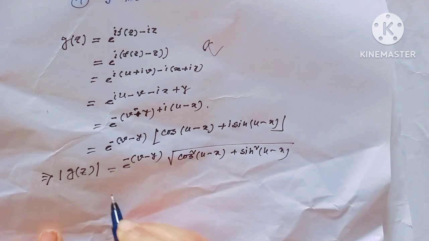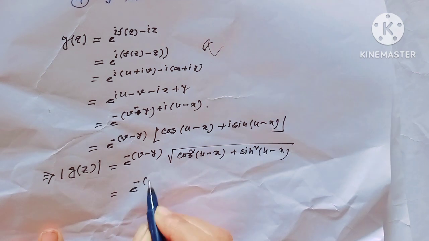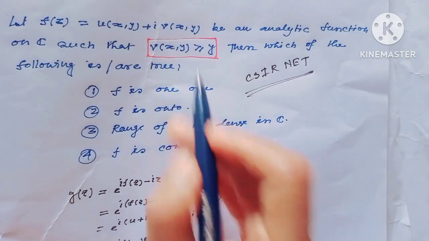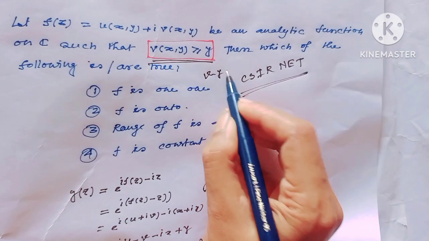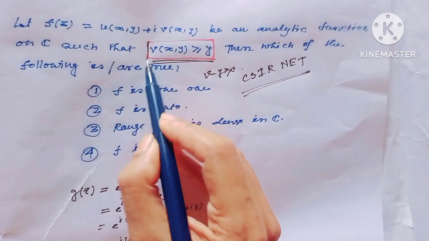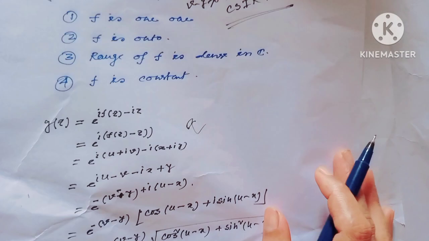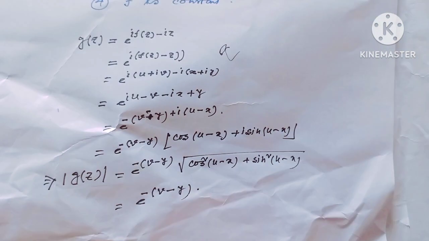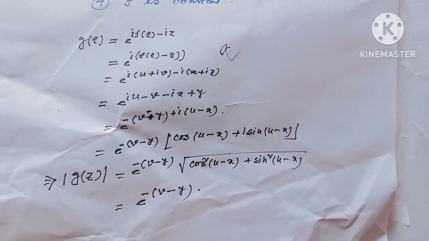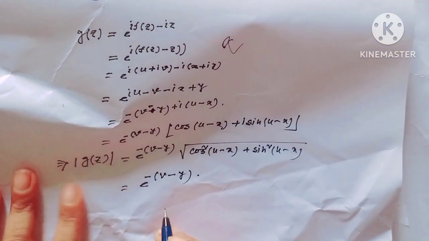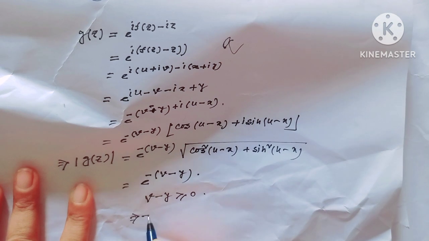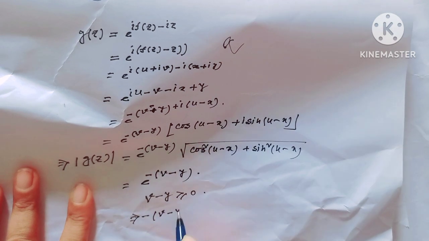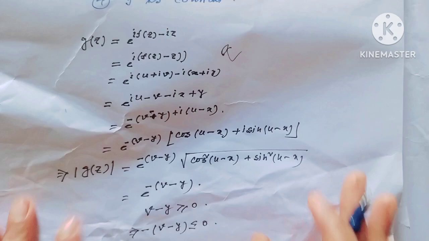That means this value would be e to the power minus (v minus y). And since here v(x,y) is given greater than or equal to y, that means v minus y is greater than or equal to 0. And for this condition, I have considered g(z) equal to e to the power i f(z) minus iz. I hope all my viewers have understood this. Since v minus y is greater than or equal to 0, that implies minus (v minus y) is less than or equal to 0.